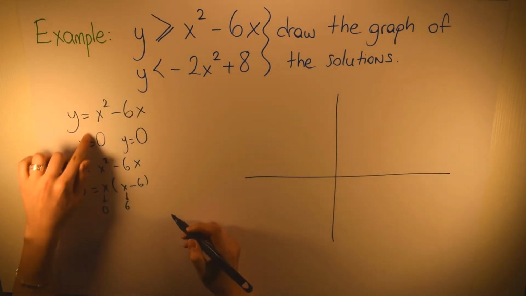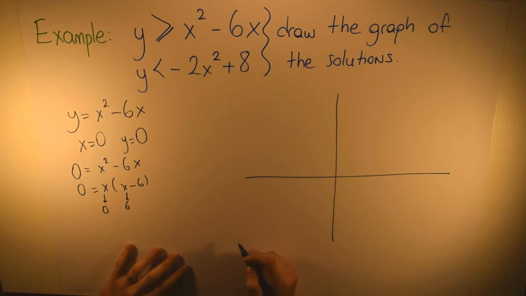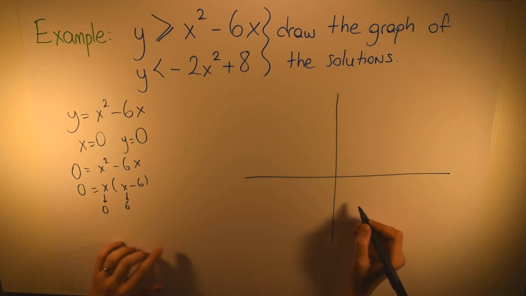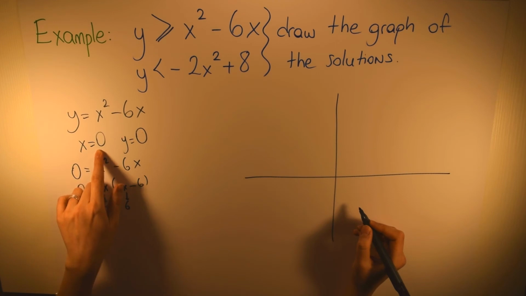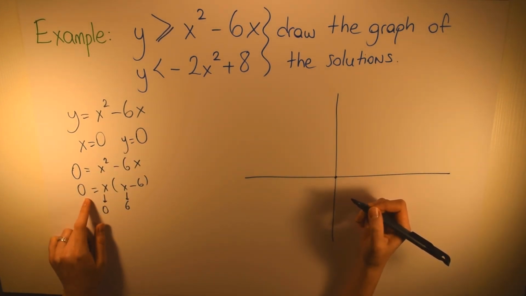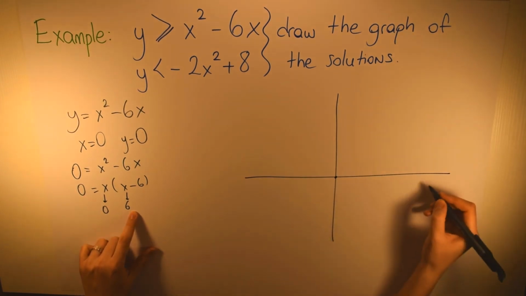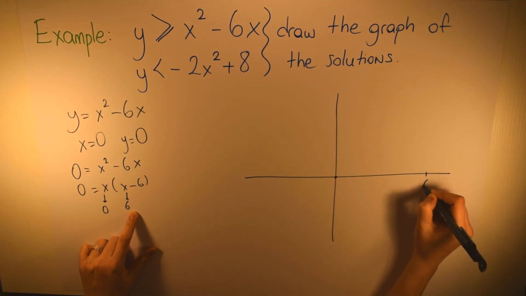First we will find this one, and then we will find the second one, and then we will combine them together. Okay, so here when x is equal to 0, y is equal to 0. Here when y is equal to 0, x is equal to 0, and x is equal to 6.